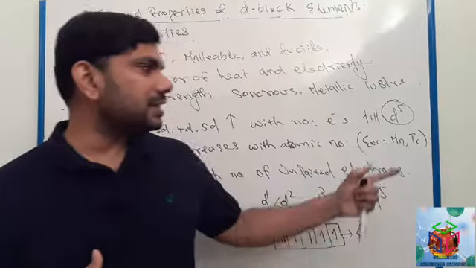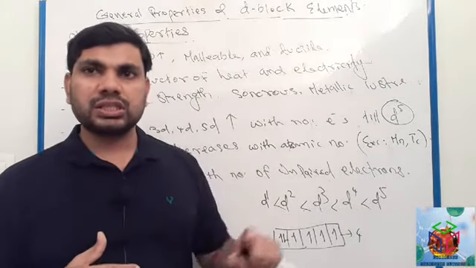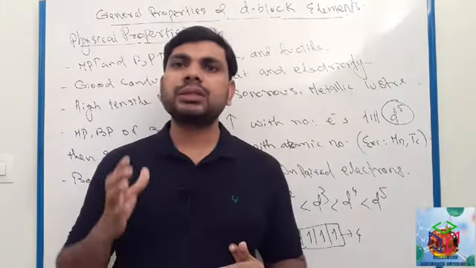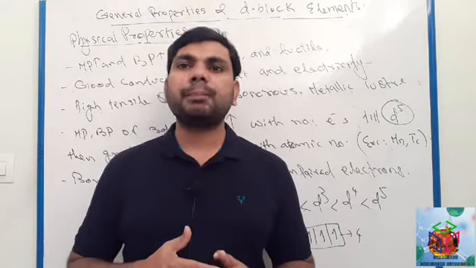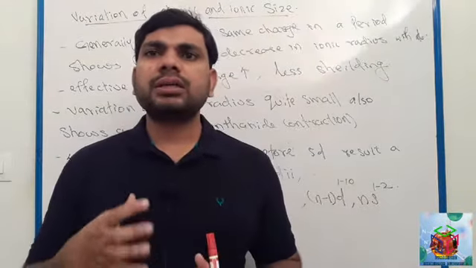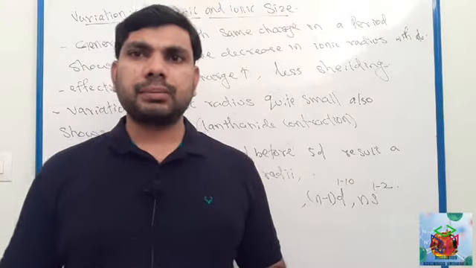Except manganese and technetium, all other elements show this trend. Also, bond strength increases with the increasing number of unpaired electrons. Clear? Okay, next we have to understand the atomic and ionic radius of d block elements.